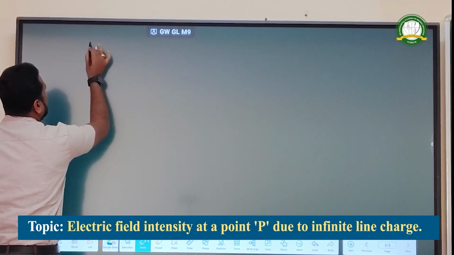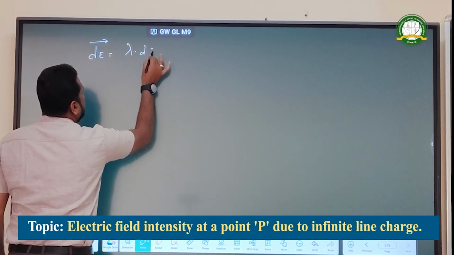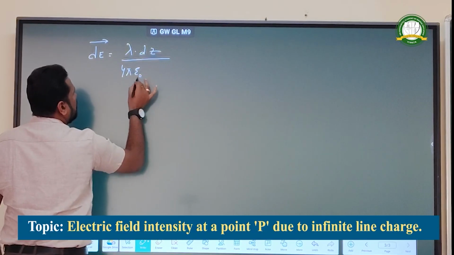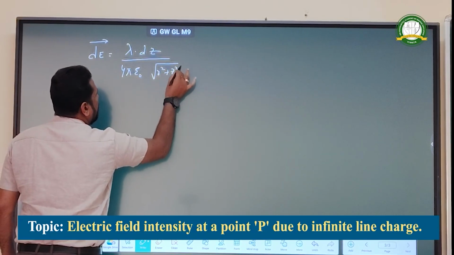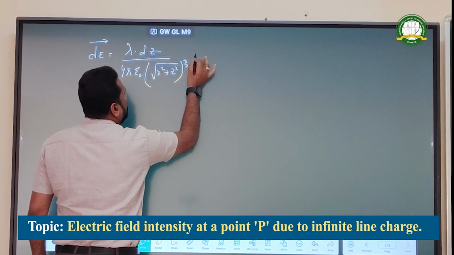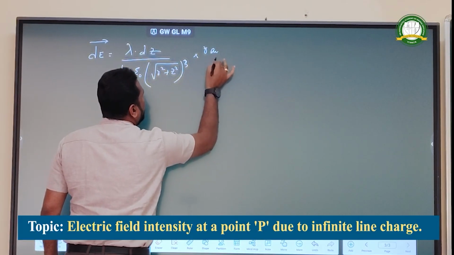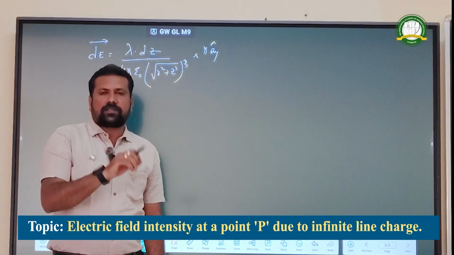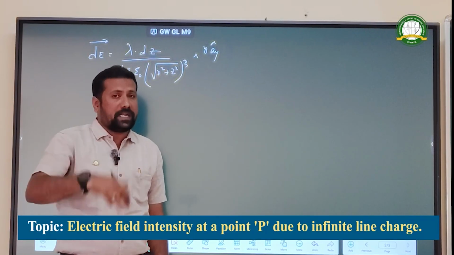So dE vector is equal to lambda dz divided by 4 pi epsilon naught square root of r square plus z square whole cube into r a_y cap. So here our point of interest is to find the electric field due to infinite line charge.